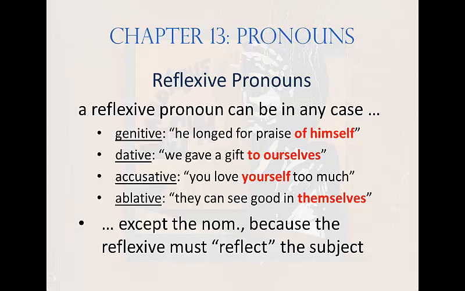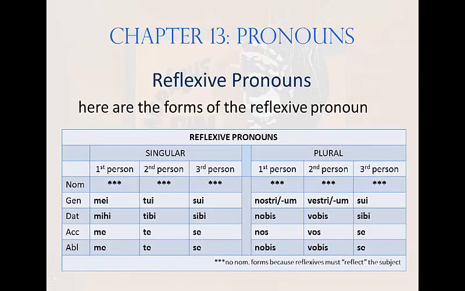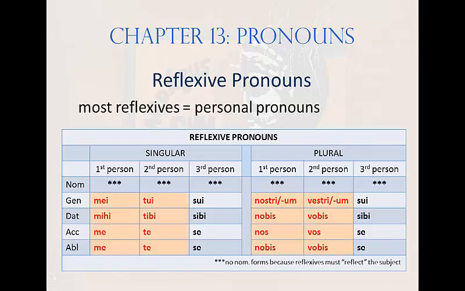Wow, man, that's deep. So here are the forms of the reflexive pronoun in Latin, and notice, there's no nominative. Notice also that in the first and second person singular and plural, there are no forms to memorize, because in those persons and numbers, the reflexive pronouns are the same as the personal pronouns.